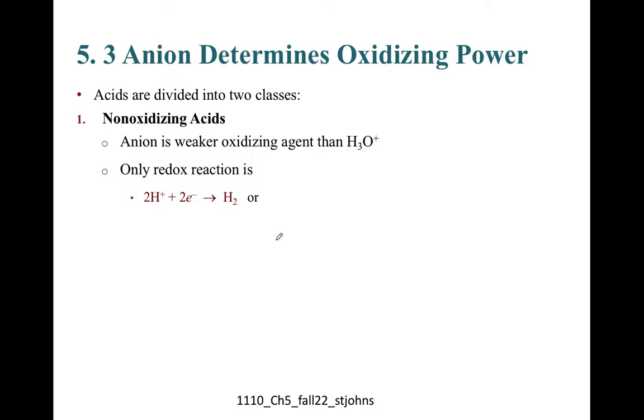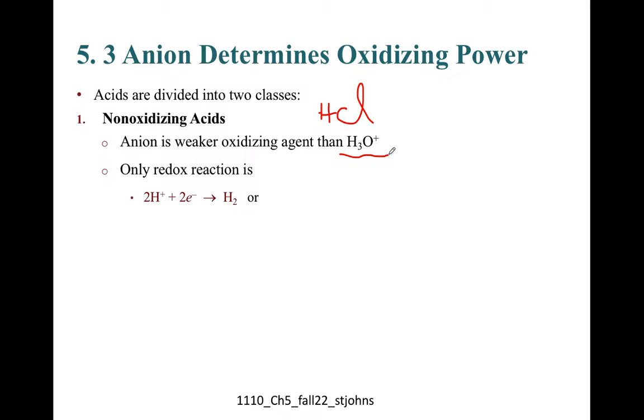For example, hydrochloric acid. Why? Hydrochloric acid in aqueous solution produces hydrogen ion, which we often call the hydronium ion, and chloride ion is the anion. But this chloride ion in solution has no tendency at all to be an oxidizing agent.